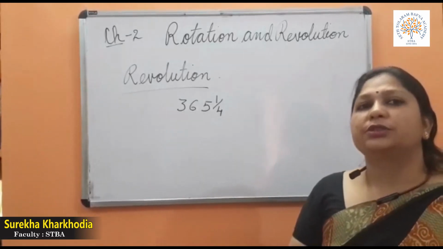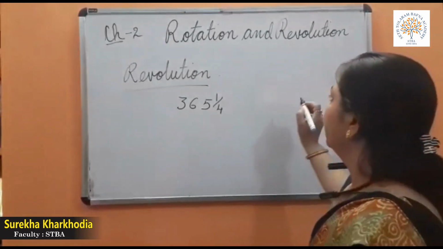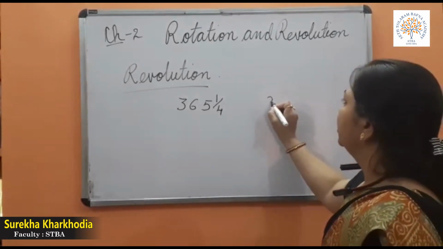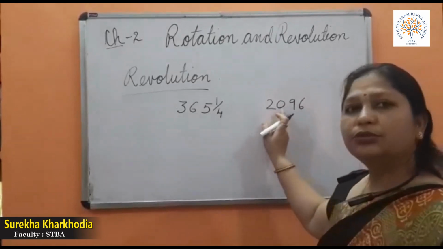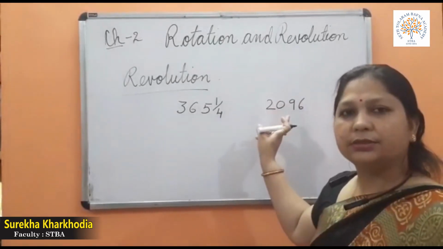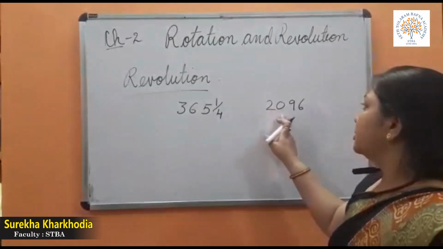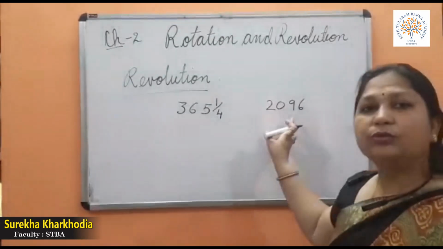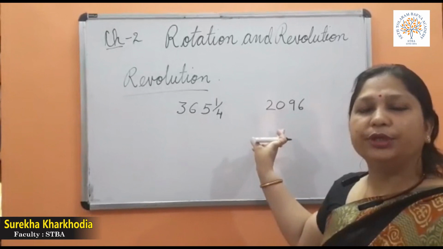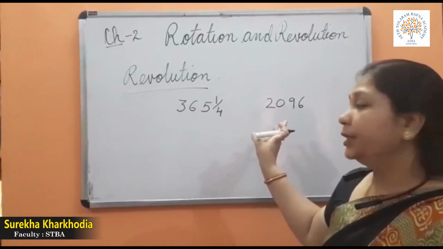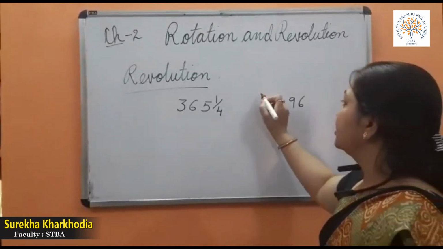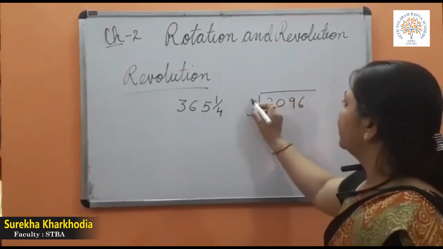Suppose you are given 2096. How will you find out whether this year is a leap year or not? Children, it is simple, you will divide this by 4.